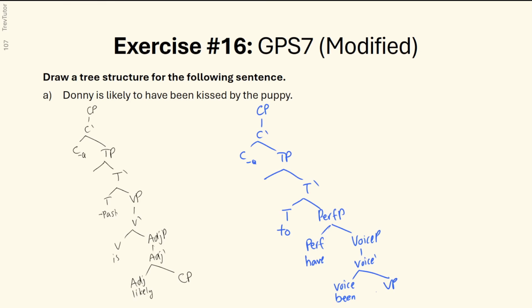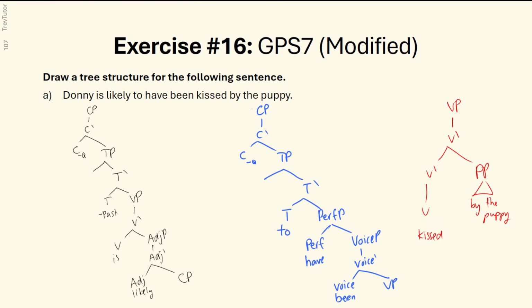And it's going to take a verb phrase after. And that verb phrase is going to have a V bar. We need to include "by the puppy" at some point. So I'm going to abbreviate this because otherwise the structure will get a little bit too big. And then we have our verb "kissed."